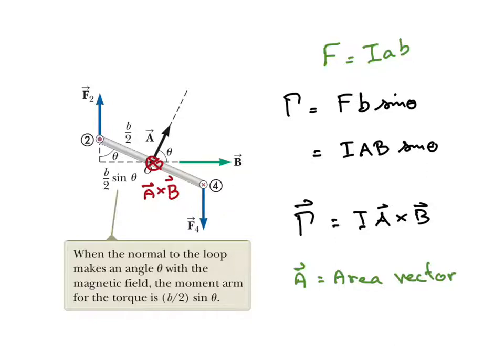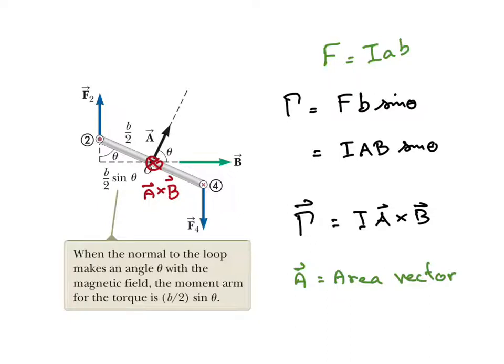And if you use the right hand rule, that is, you point your thumb inward into the plane of the screen or of the paper, and curl your forefinger, this is the direction of the rotation that is produced by the torque.